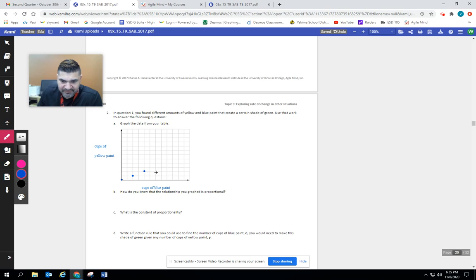Another 2 cups of blue for 1 yellow. Okay, I'm just going to keep going across, 2 cups of blue for 1 yellow. Okay, and once I made my dots here, I can make a line. I can graph my line. That's not very good. Let me try that again. Let me use a different size here.